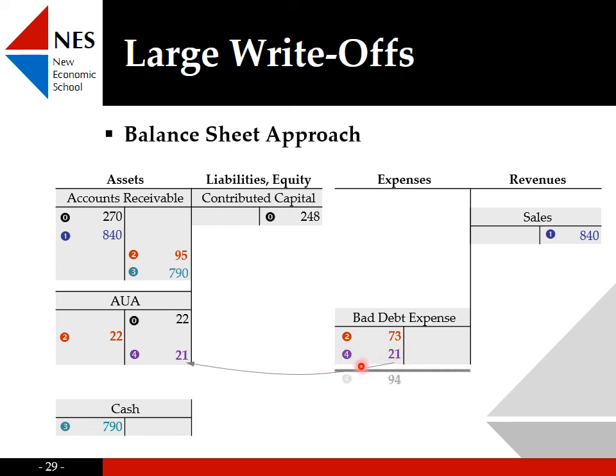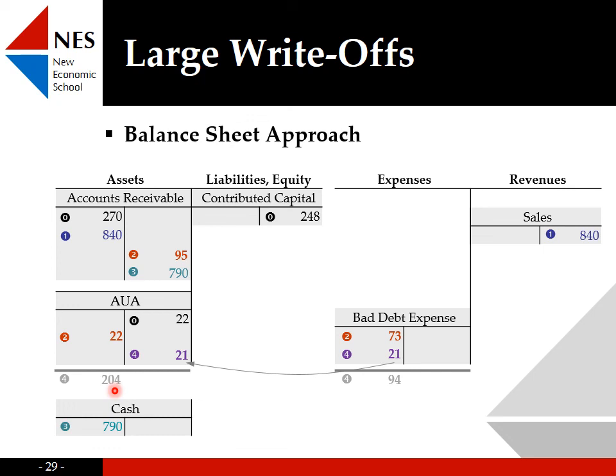So ultimately the total bad debt expense will be 94, which is exactly the same as it was in the previous slide, and also the net level of receivables, that is to say the gross minus the ending allowance, will be 204, which is again equal to what we get at the previous slide.